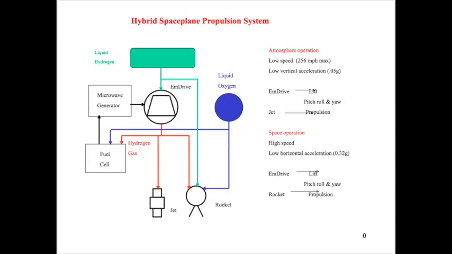EmDrive again is providing pitch, roll and yaw control as well as lift, but now the auxiliary propulsion is provided by a rocket. So once you've reached your orbital altitude, you effectively release the orbital module, and that has again a separate rocket engine which gives you your orbital velocity.